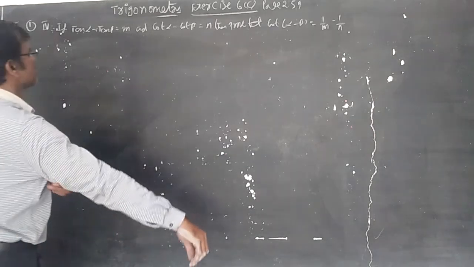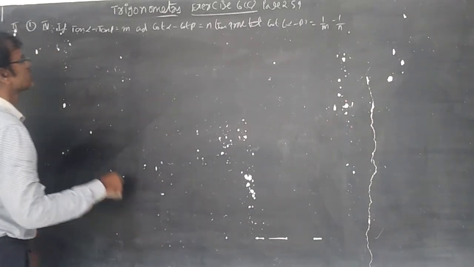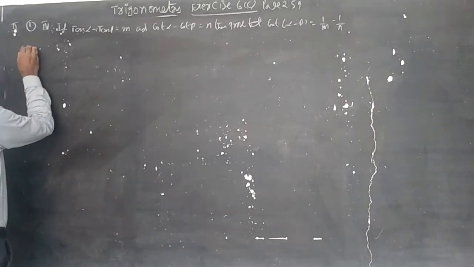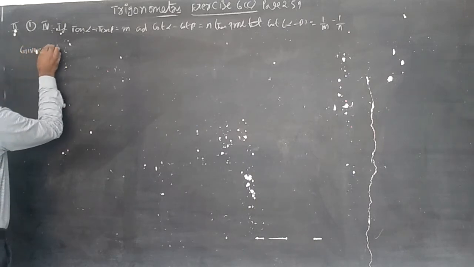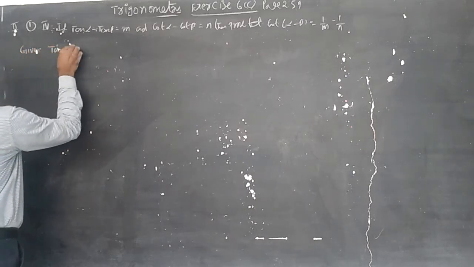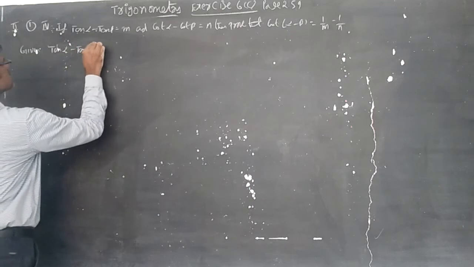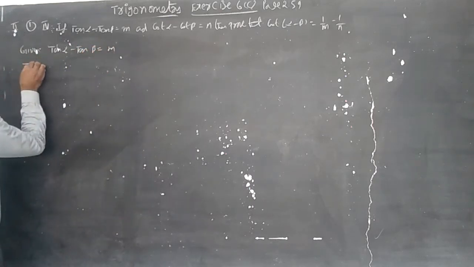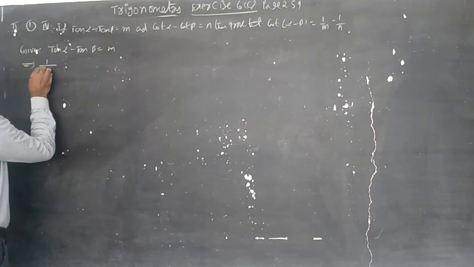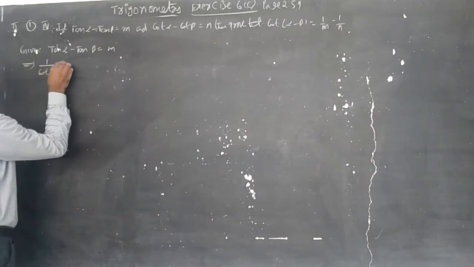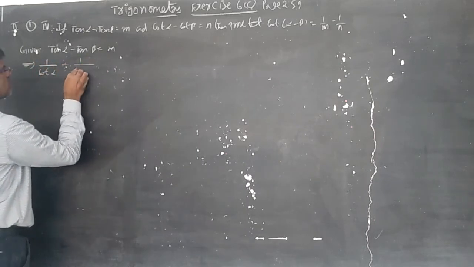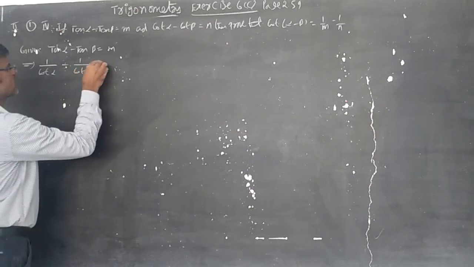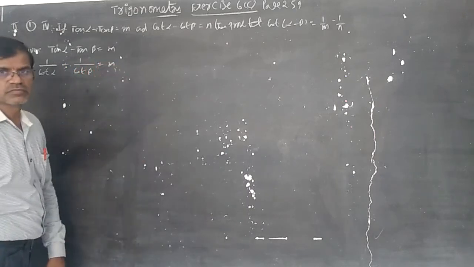Tan alpha minus tan beta is equal to m, given. Write 1 by cot alpha, because tan alpha can be written as 1 by cot alpha, and 1 by cot beta, is equal to m.